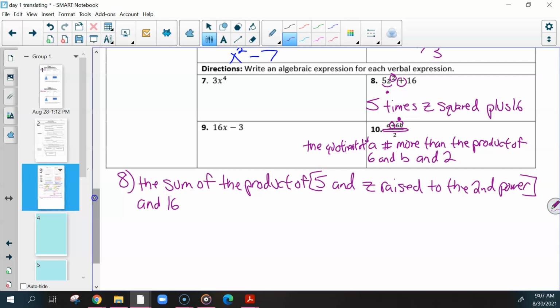That order doesn't matter. Another way you could have said this, instead of putting the quotient and then the and 2, is a number more than the product of 6 and B all over 2. Because that would tell me everything is being divided by 2.